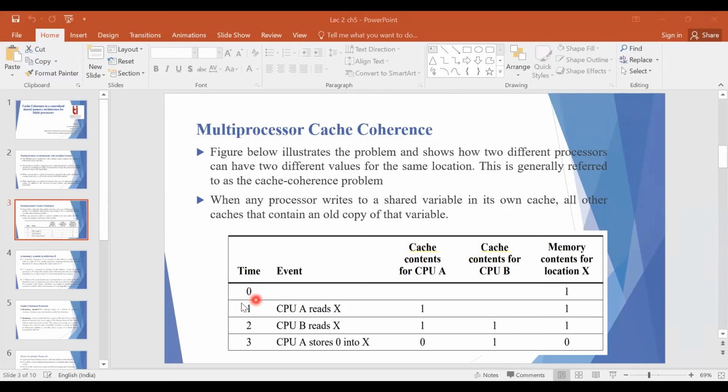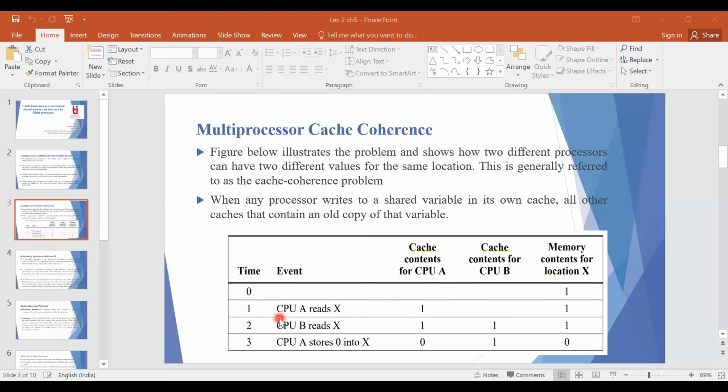Let's see what happens. So at time t0, we have a memory location x, and its contents are maintained at a value which is 1. Now, at time t equal to 0, we have two CPUs in the architecture. So we have CPU A and we have CPU B. At time t equal to 0, nobody wants an access for it, so it's fine, no problem.